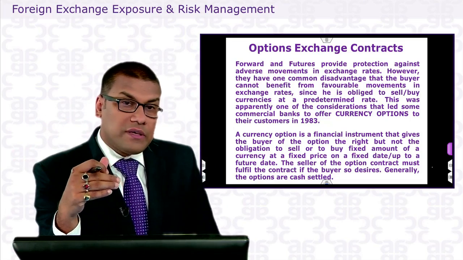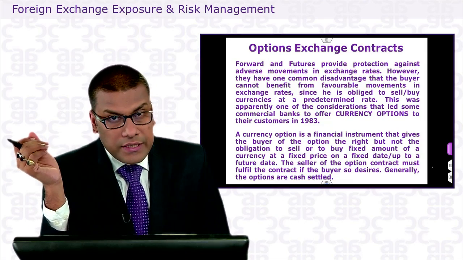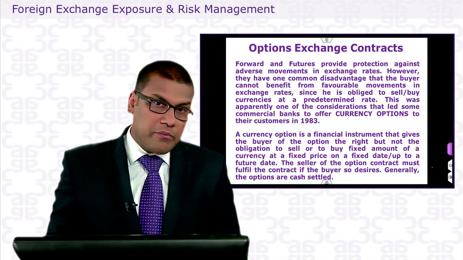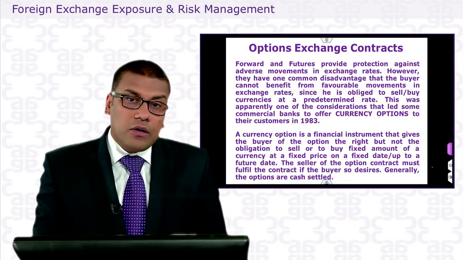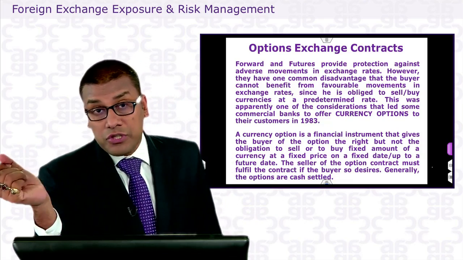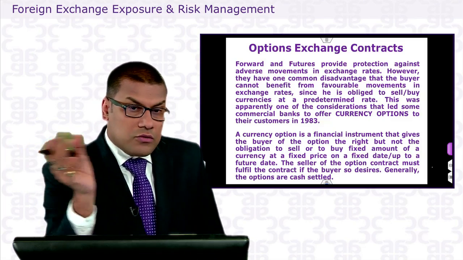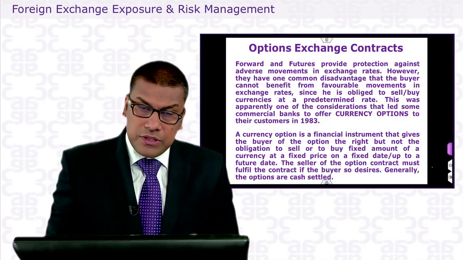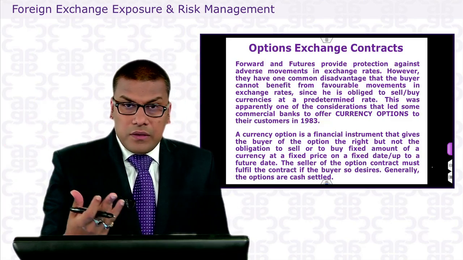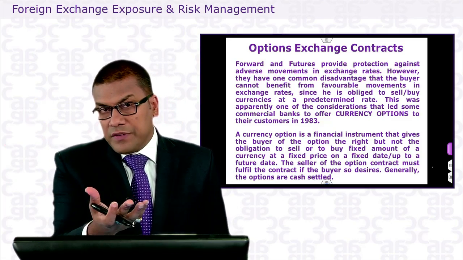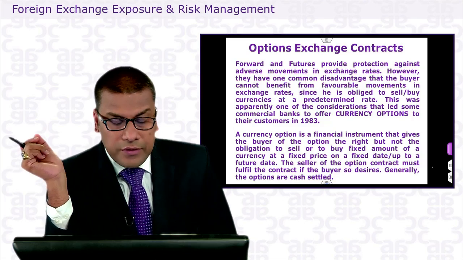So that's where you could probably consider options, that if something goes wrong, my maximum loss could happen of the premium amount, but if the observation goes right, I would end up making better profits. So just recollect what we discussed in options, and things remain same. The only difference is the underlying being currency in this case.